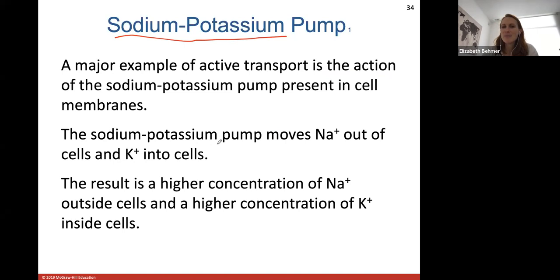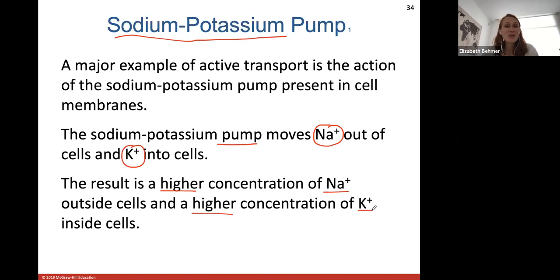This pump always moves sodium out of the cell against its concentration gradient, and it moves potassium into the cell. What this pump does is always produce a higher concentration of sodium outside the cells and a higher concentration of potassium inside the cells.